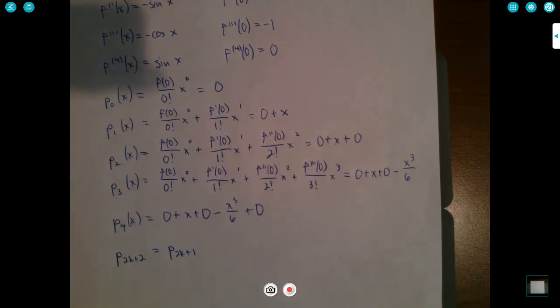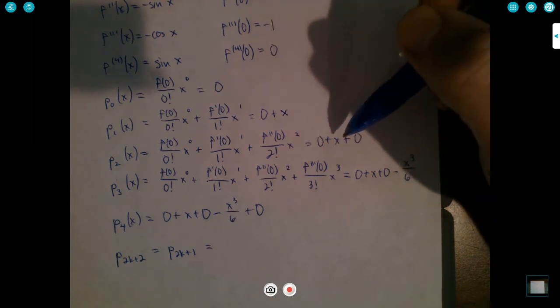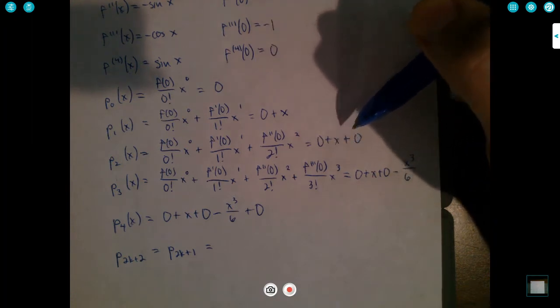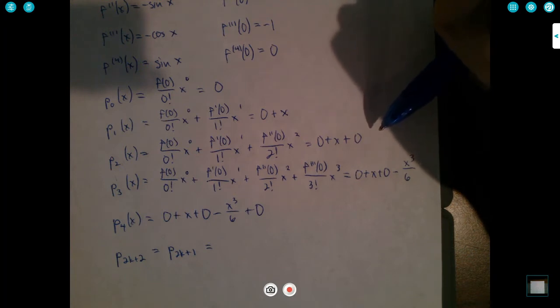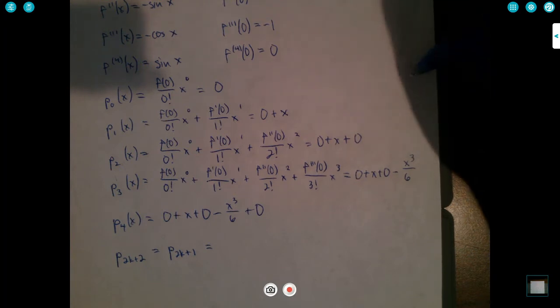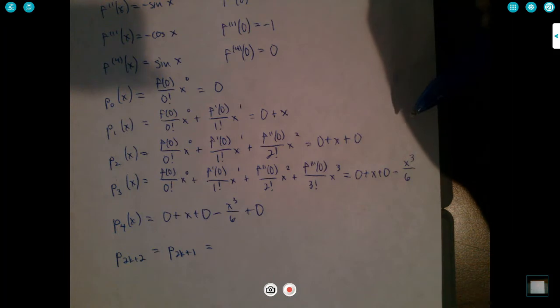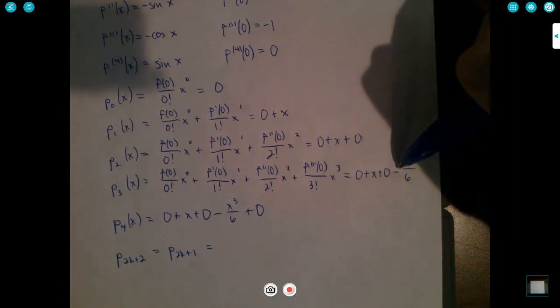And what is p sub 2k plus 1 going to be? Well, it's going to be 0 plus x to the first over 1 factorial plus 0 plus x to the third over 3 factorial plus 0 plus x to the fifth over, the signs alternate, right?